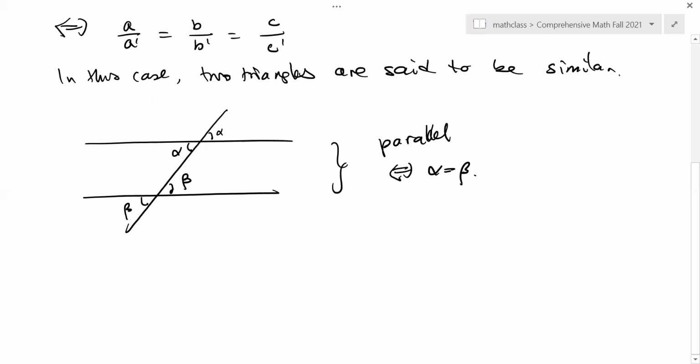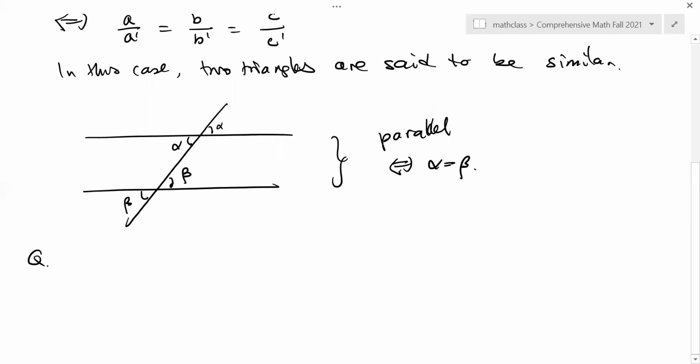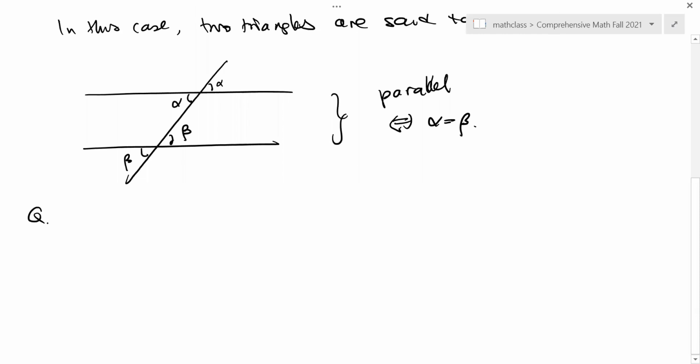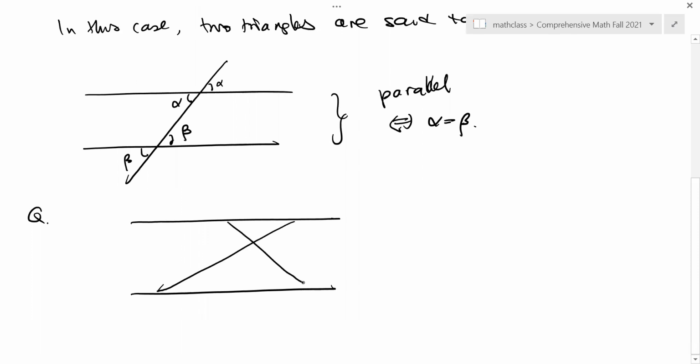Now I'm going to work on the following problem. Take a look at these two lines. I draw two lines across them. This is A, that's B, and C and D. We assume that these two lines are parallel.